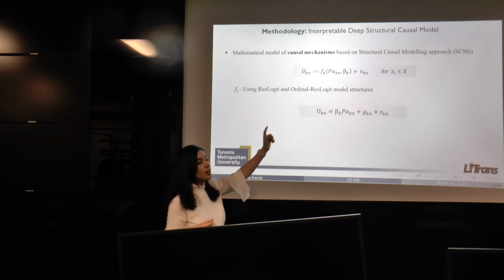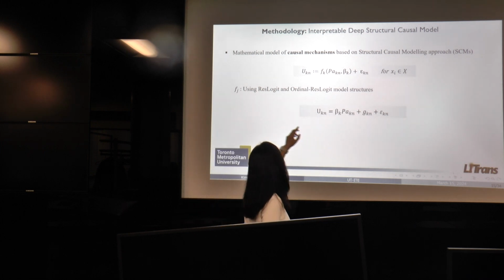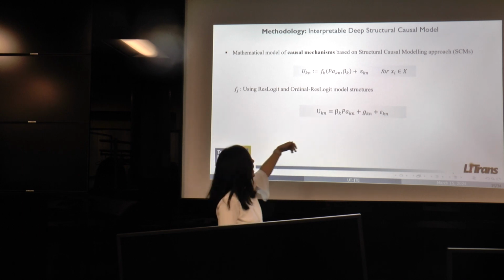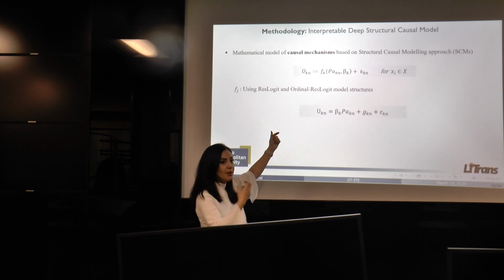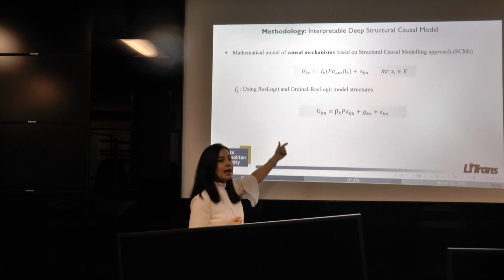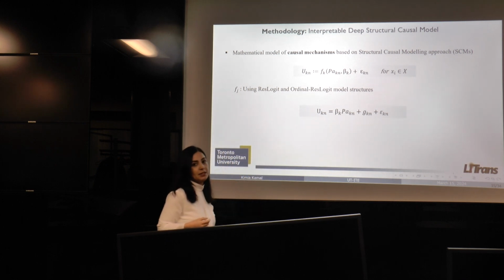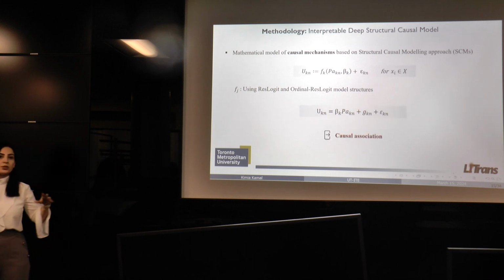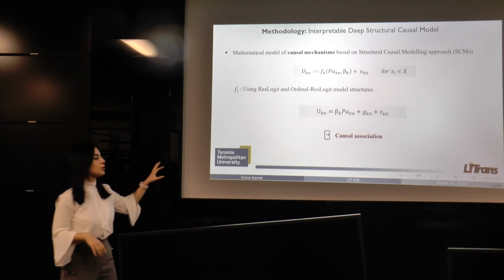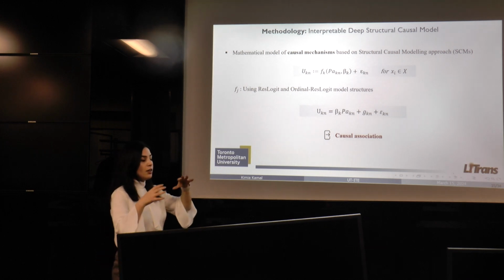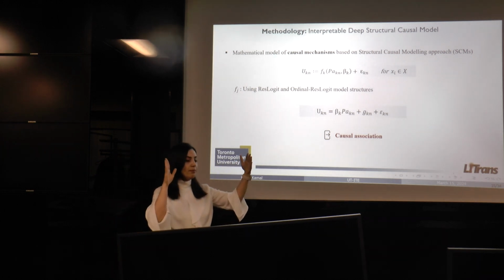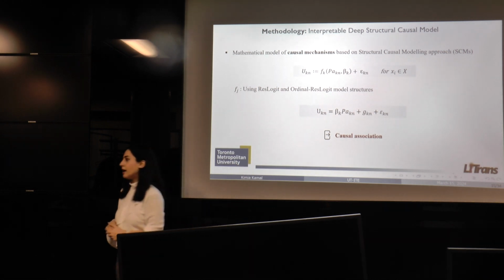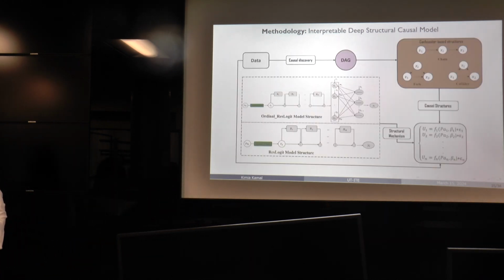However, in our structural causal modeling, we use ResLogit and ordinal ResLogit to use the capability of deep learning algorithms, and also keep the interpretability of our model. So the outcome of this level is also causal association. Here, by this model, we can find the causal effect between the variables.